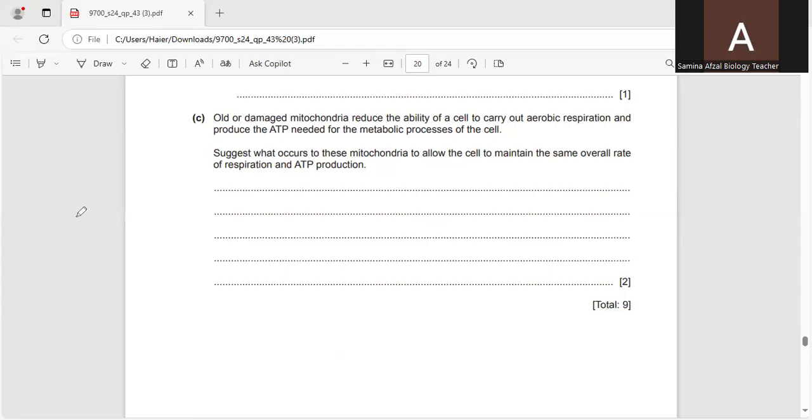If mitochondrial damage is extensive and cannot be repaired, the cell may undergo programmed cell death. This is a controlled process that prevents the spread of damaged mitochondria and potential harm to the organism. In this way, the cells can maintain their energy supply and function despite the presence of damaged mitochondria.